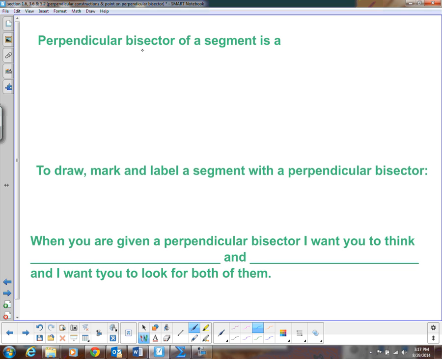All right, now perpendicular bisector of a segment. It's 2 operative words. Perpendicular means they're going to be right angles formed, and bisect means to cut in half.